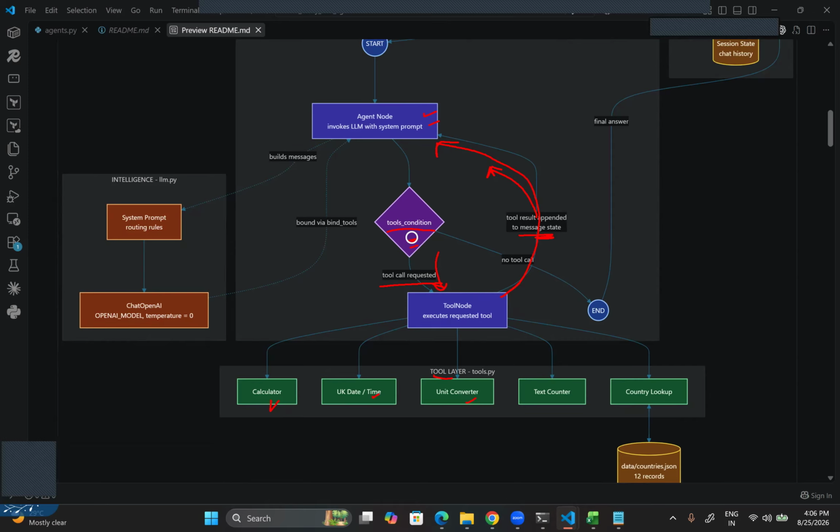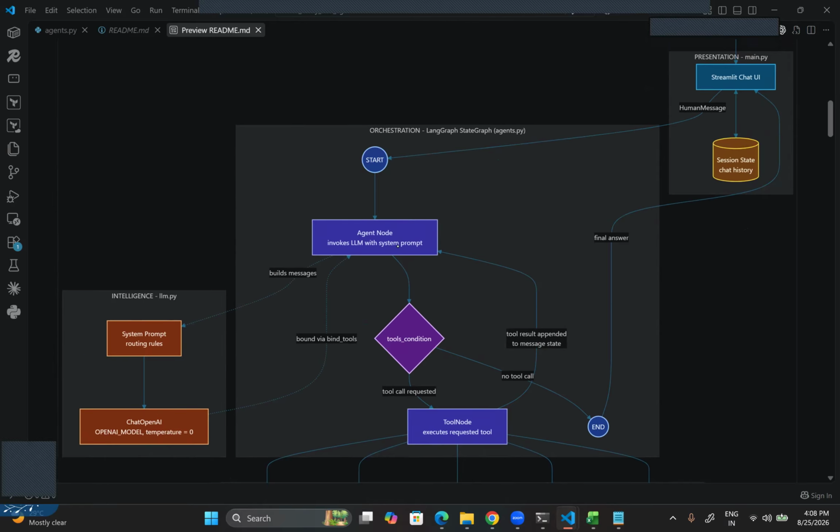So when there is nothing to route to the tool, it straight away goes to the end. That is no tool call. And that's the only path back to the UI as the final answer.